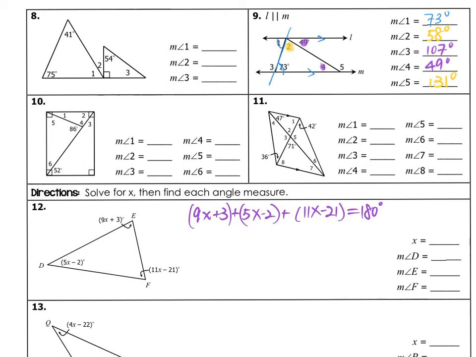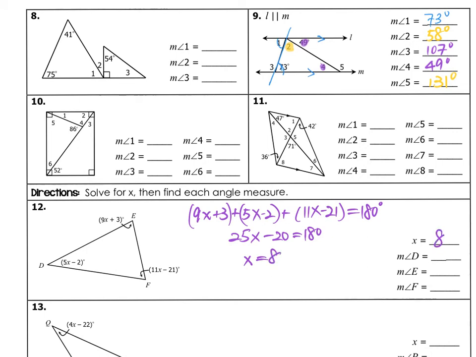If you do your algebra right, that should be 25x minus 20 equals 180, and therefore x equals 8, right?